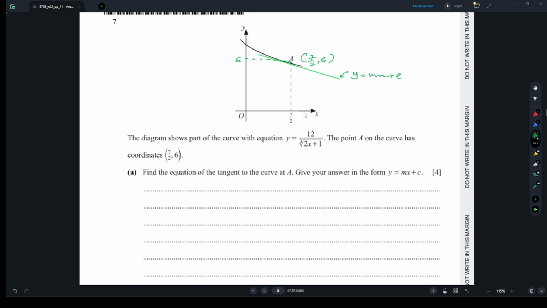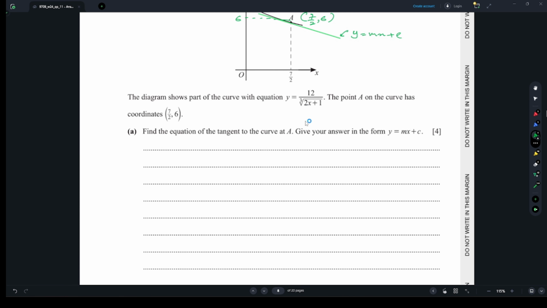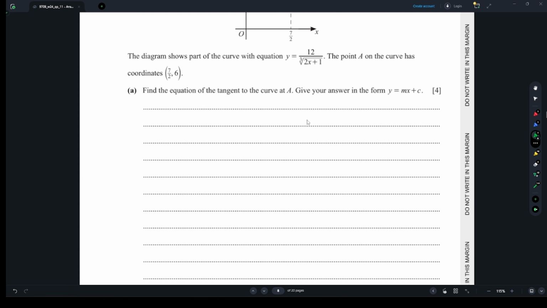And the gradient you can find by substituting 7 over 2, because we want to find the gradient of the tangent line at point A. So the first target is to find the tangent, and the gradient you can find by taking dy over dx.